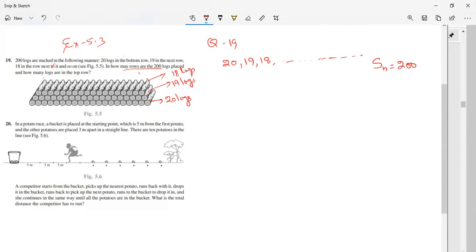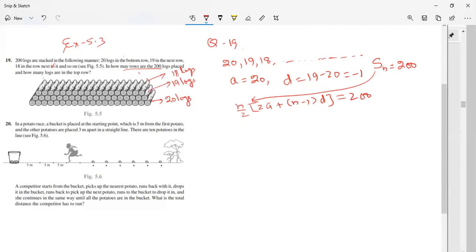Sn is 200 and the first term is 20 and the common difference is 19 minus 20, so minus 1. So we can use the sum of n terms formula: n by 2, 2a plus n minus 1 into d is equal to 200.